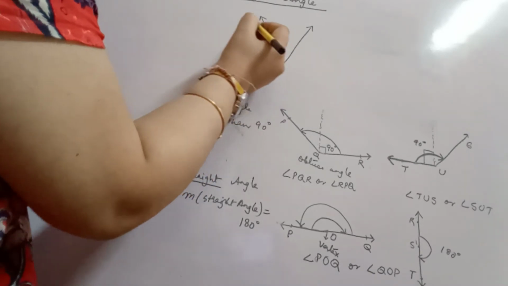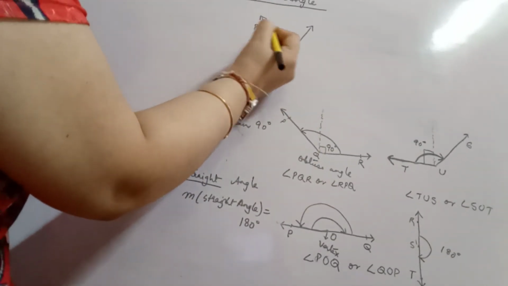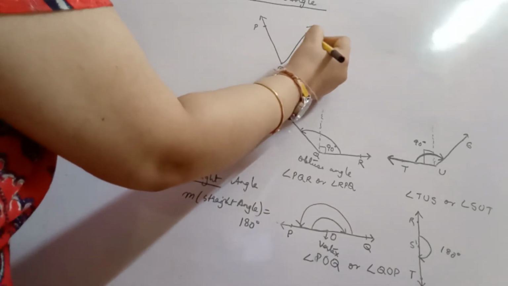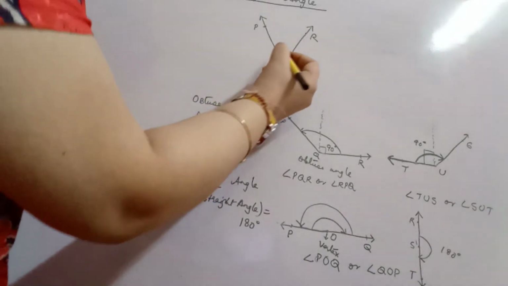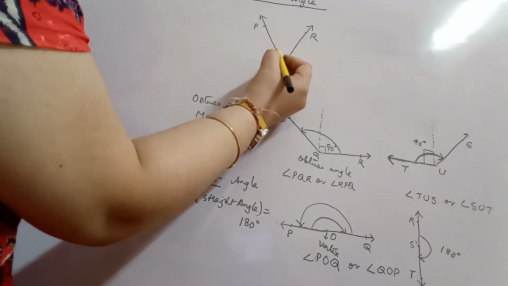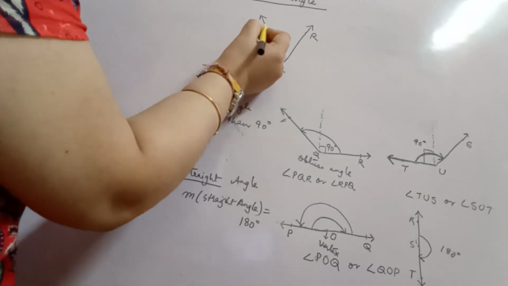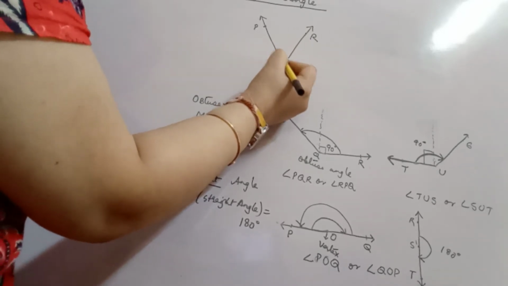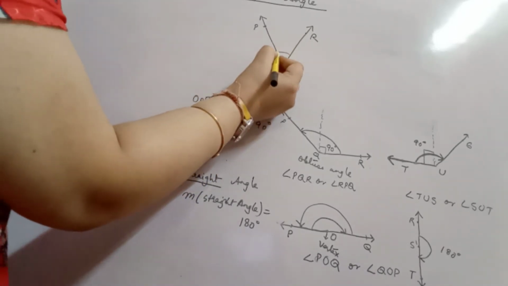So what is a reflex angle? I told you how to name an angle. So let's name the points P, vertex Q and R. Now what is the name of the angle? Starting from PQ and going till QR.